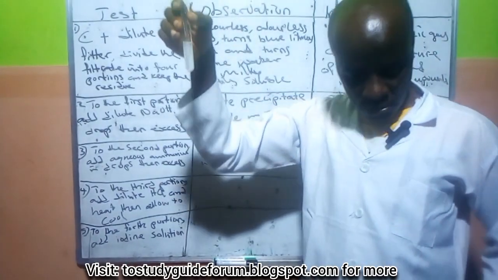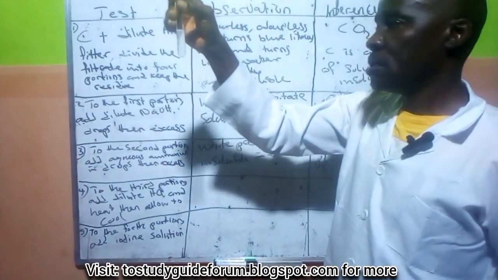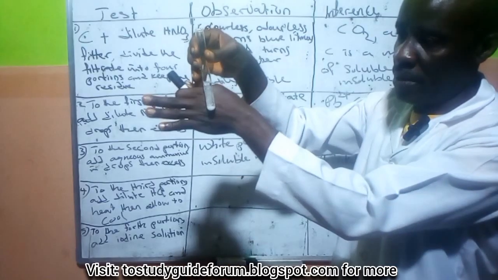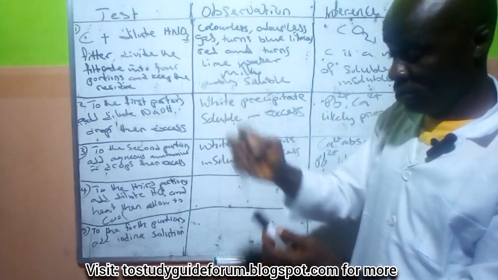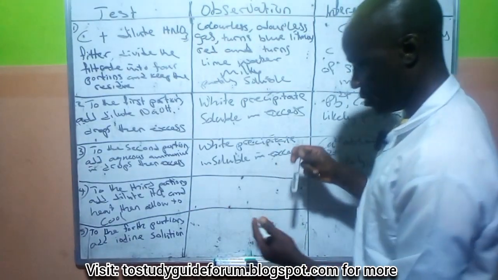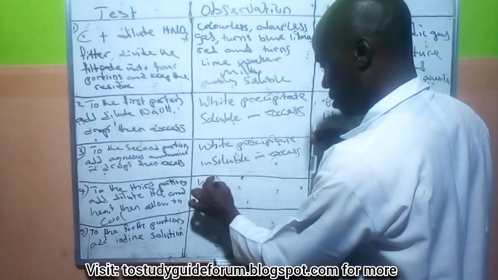It took some time, and I'm even wondering whether this is the real acid. The precipitate is coming out, and you can see it very well from the black background. I was wondering because it did not show any visible reaction initially. So we have a white precipitate.